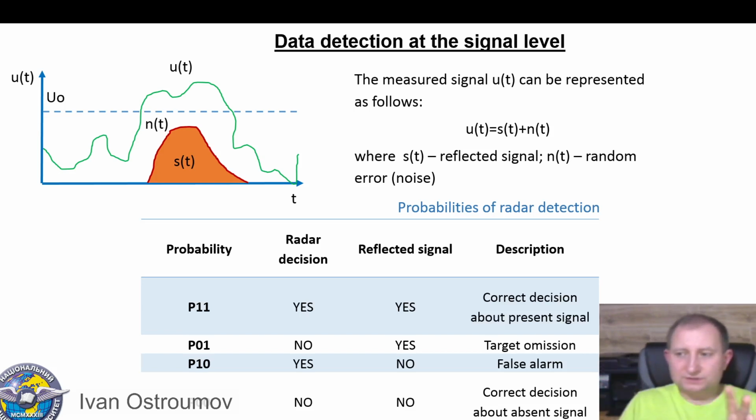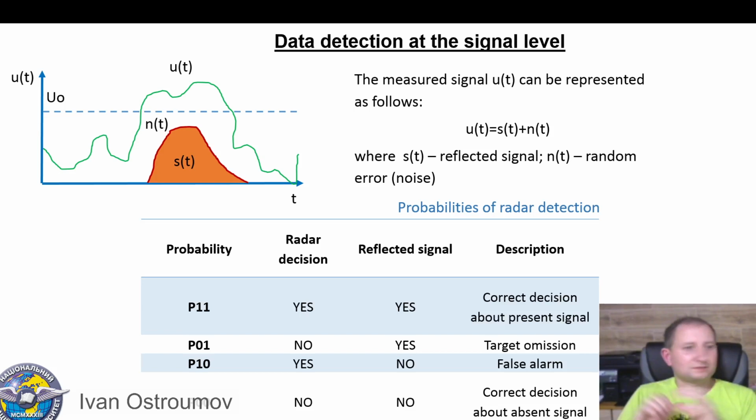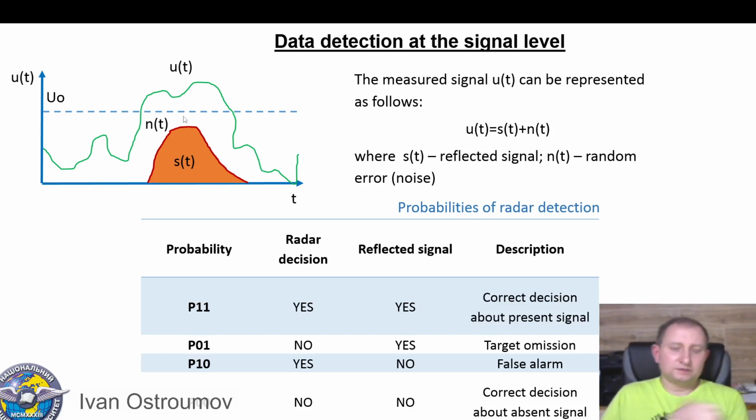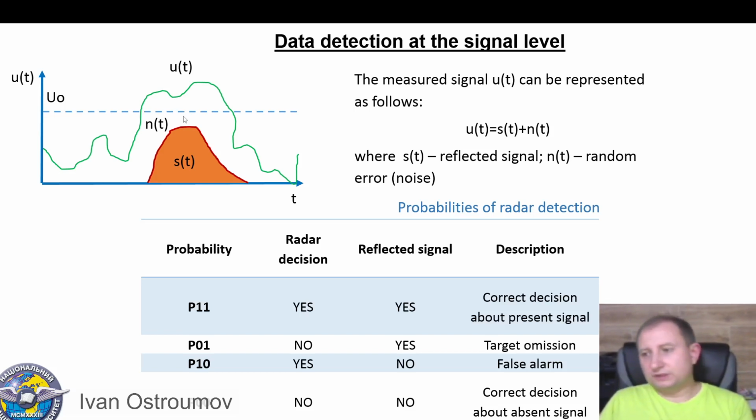In the most simple way, we can use some level of voltage, and if the level of voltage is crossed by our signal, we can fix that we've got the correct signal at that time. In any radio navigation equipment, basically we use the same principle.